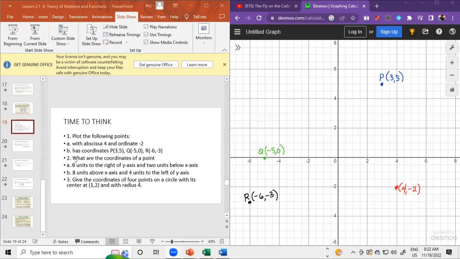Okay, so for number 2, here's the question. What are the coordinates of a point, letter A, 9 units to the right of y-axis? So, ibig sabihin, iyon ay positive 9.